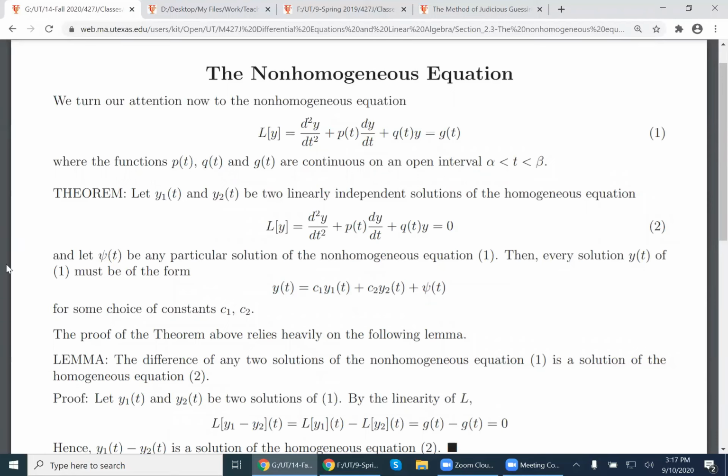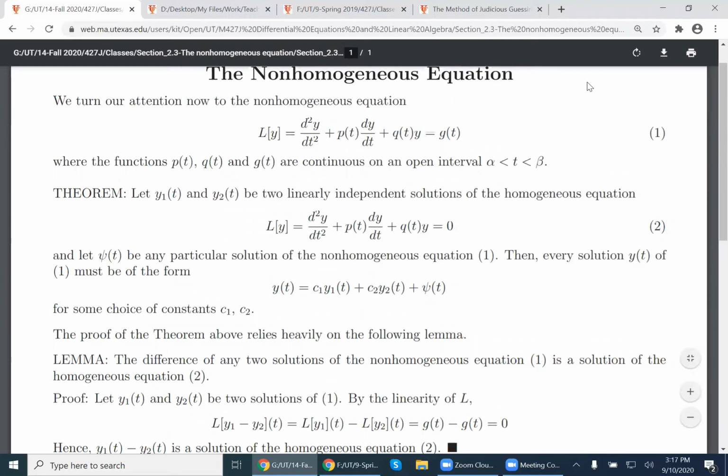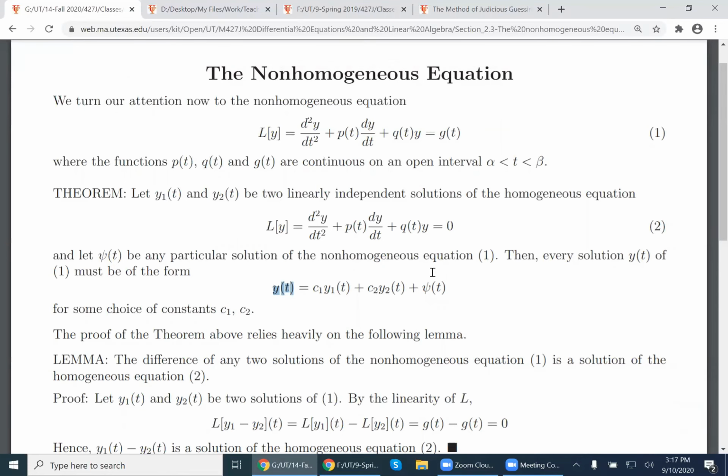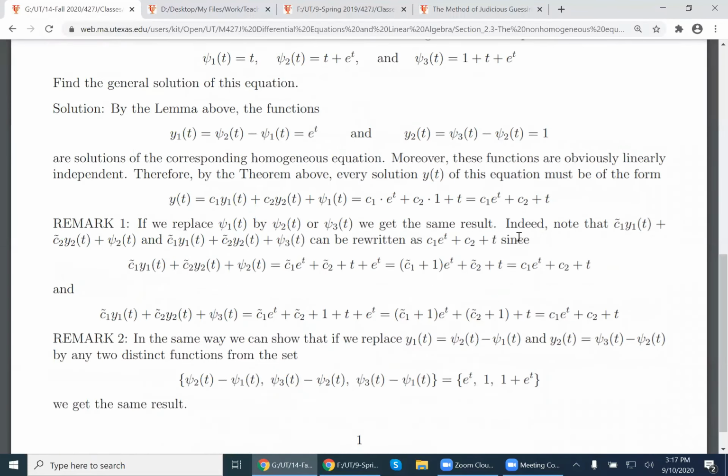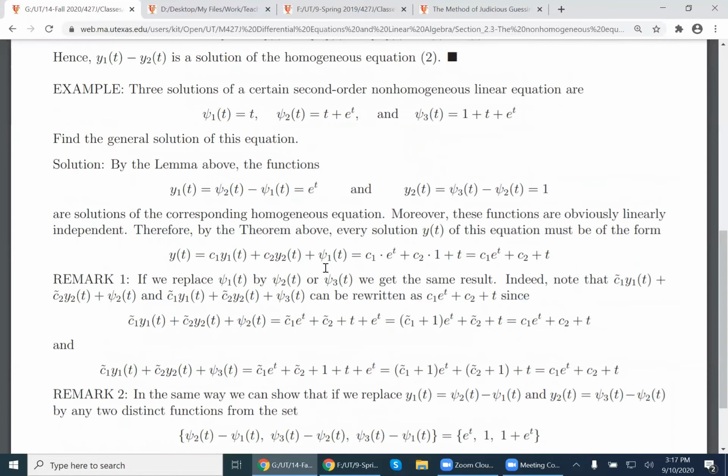Okay, thank you. Other questions? You're saying that for the general solution of the non-homogeneous equation, you would get the same answer regardless of which psi you use. You could use any of the three. Absolutely. And I show it here. Instead of psi1, let me use psi2.